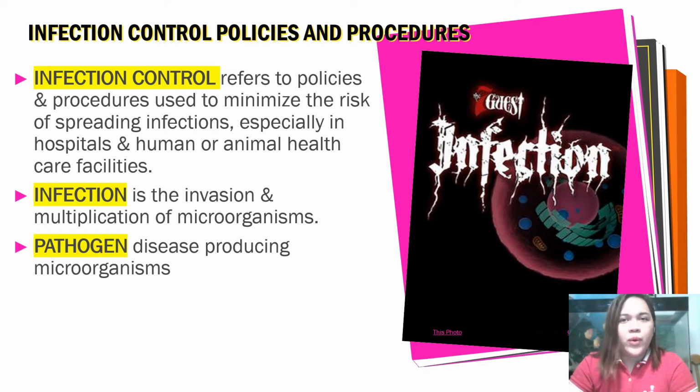Next we have the word pathogen. Pathogen is the term used for microorganisms that cause diseases. Let me give you some information about microorganisms. There are types of microorganisms, and not all microorganisms are harmful.